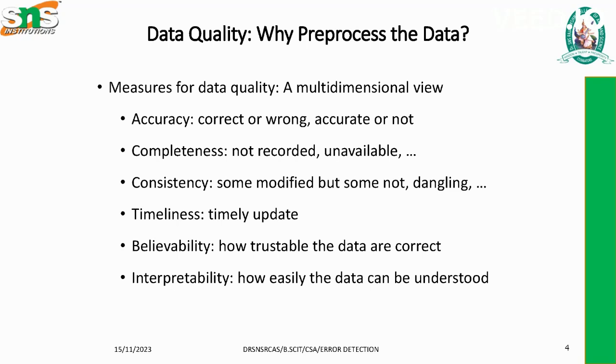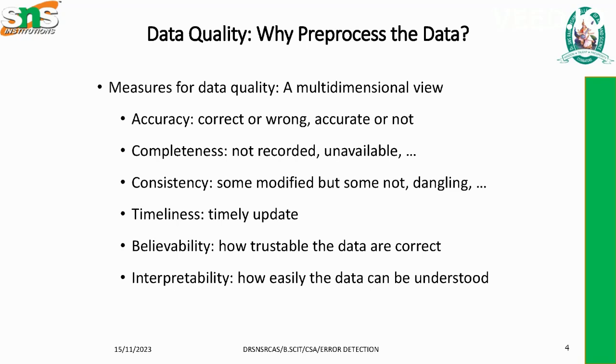In any data set, the first thing is, whatever data it is, we have to see whether the data is accurate. That is accuracy, whether the data is correct or wrong. Then the next parameter is completeness, whether the data is recorded or complete. For example, an incomplete database means you have left some data which has to be filled in.